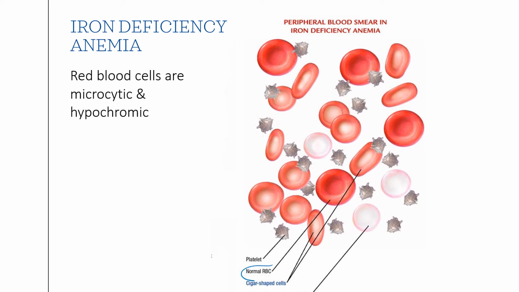And these lighter ones here are the microcytic hypochromic cells. Microcytic, if you compare them to the other red blood cells, they're very small compared to the normal red blood cell. They're less red, so they're hypochromic.